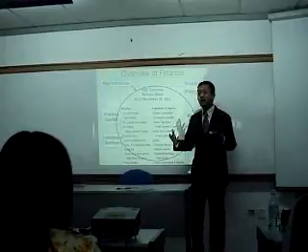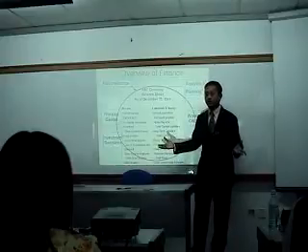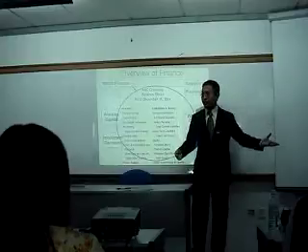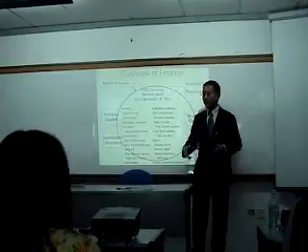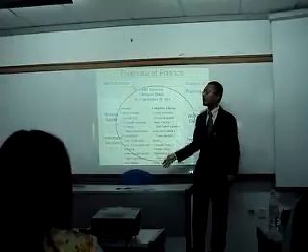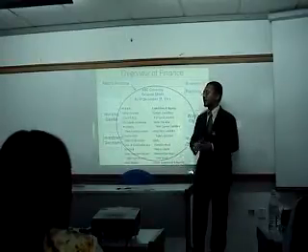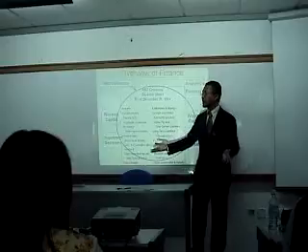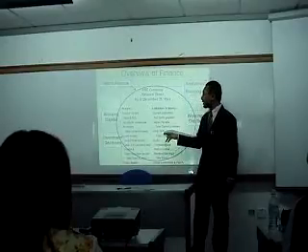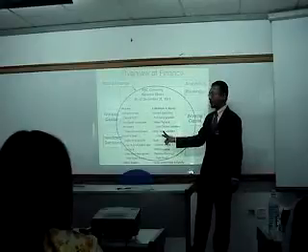For example, if you want to buy a building or factory, you cannot pay cash, but you acquire a loan from the bank to buy the building. The loan is called a long-term loan because you are paying it over, for example, 20 or 30 years. So it falls under long-term liabilities.